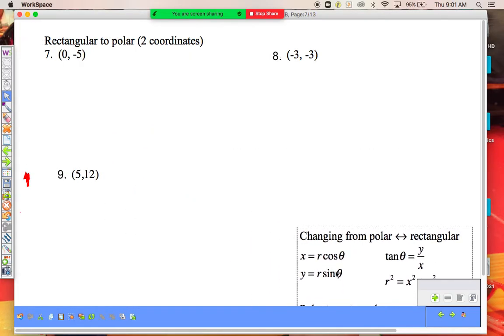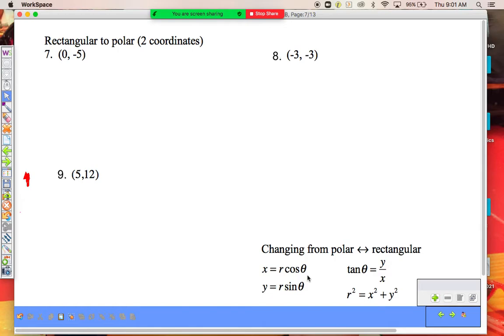Let's go the other way. Let's go the other direction. I'm going to give you an x and y, a rectangular point. I want r's and thetas. What I'm going to ask you for is two versions.